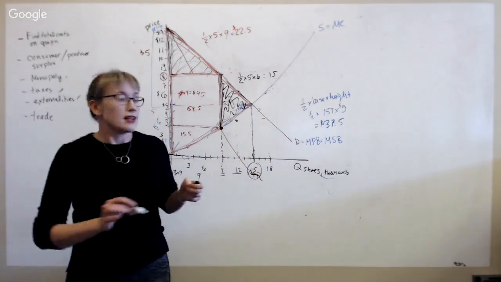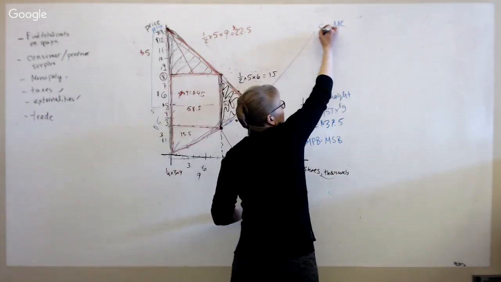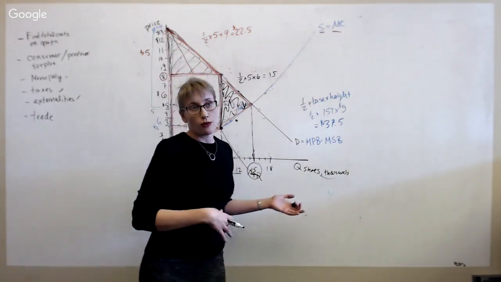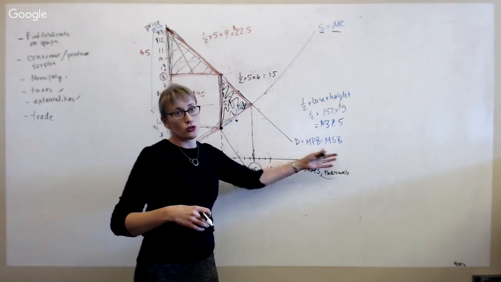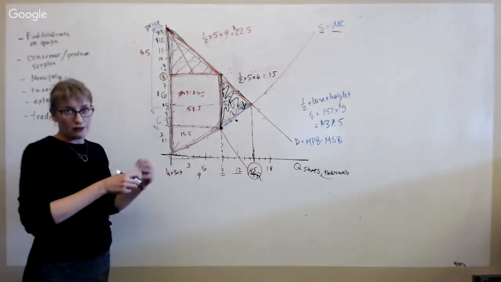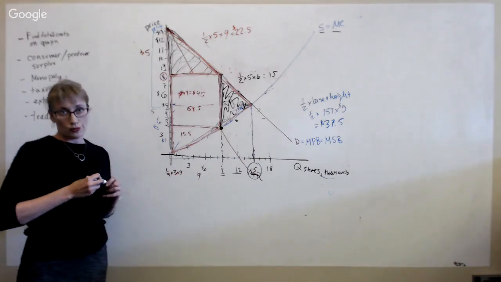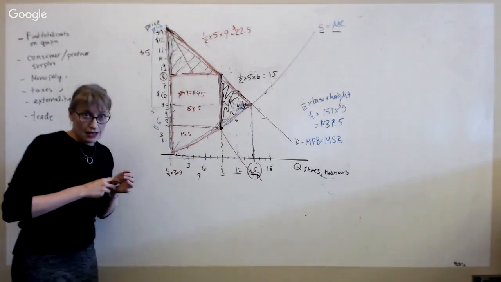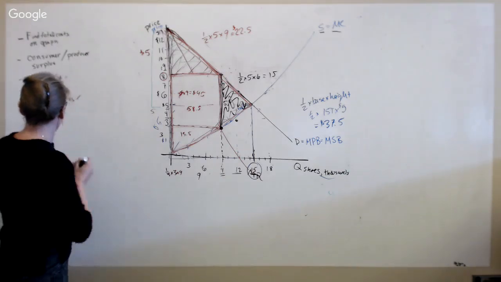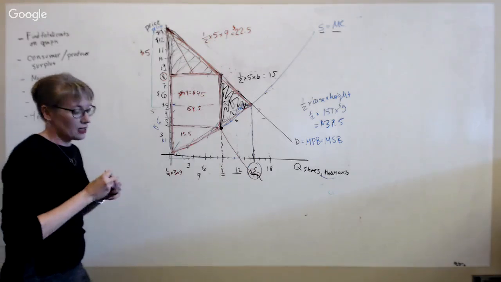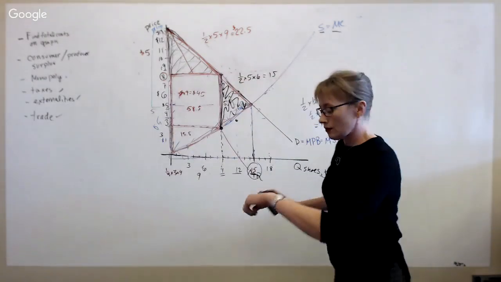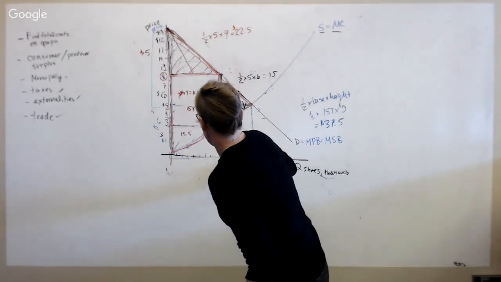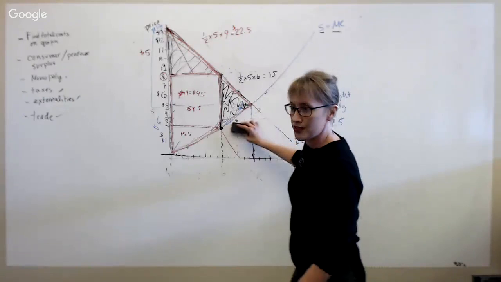We could study the case where we have externalities, where marginal social cost is different from marginal private cost, or marginal social benefit is different from marginal private benefit, and compare total surplus in the ideal case and the case where we don't have externalities corrected. Or we could study what happens when we have markets that do, say, tariffs and quotas.